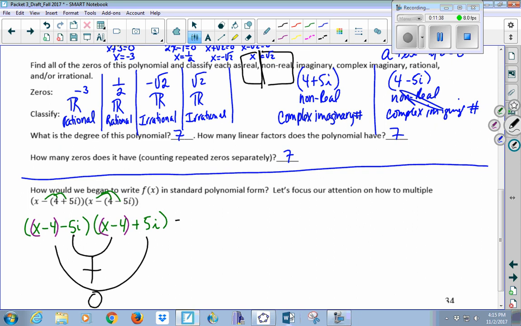So all you have to do is take your first term, which is x minus 4, and square it. And then remember your operation is subtract. It's always the difference. And then you square your 5i.